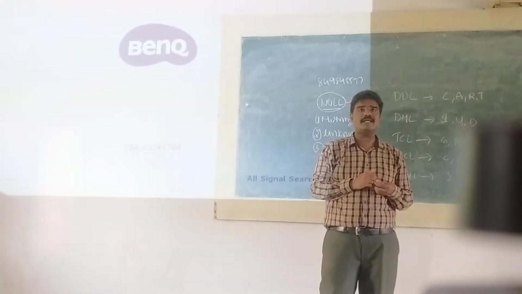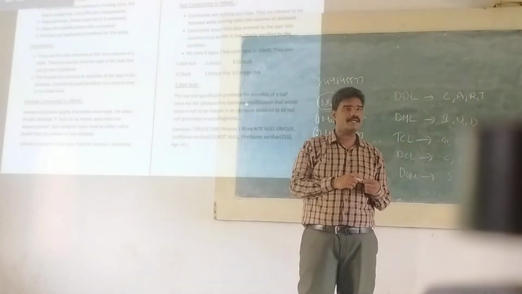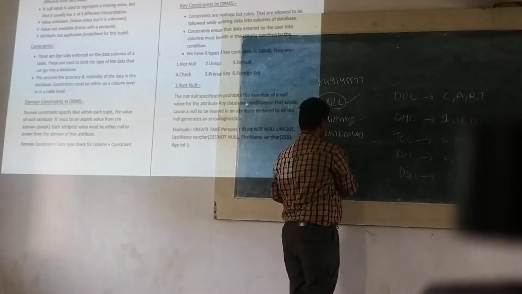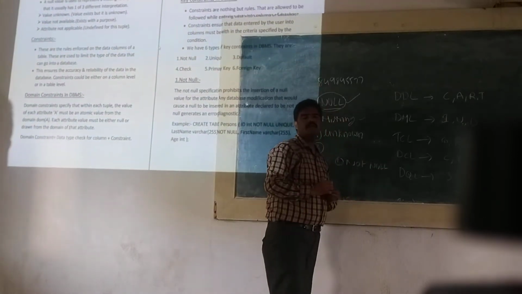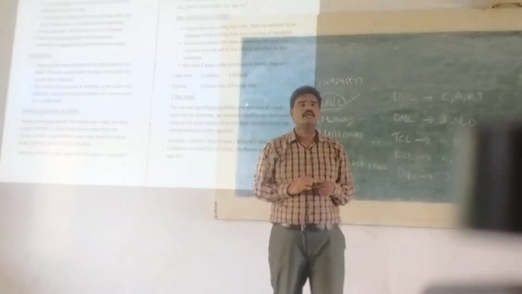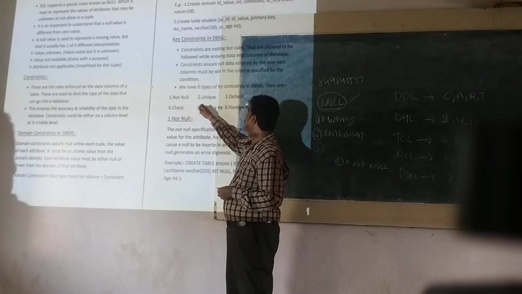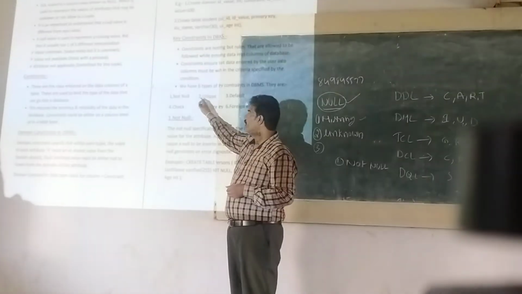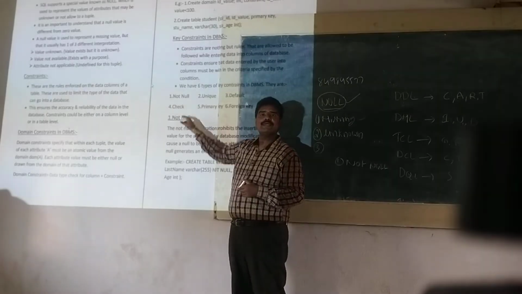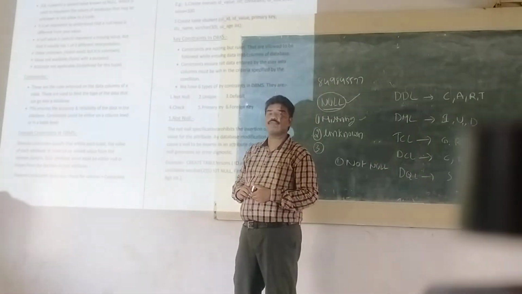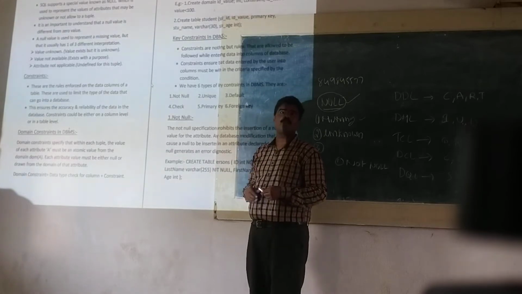Please note: number 1 is not null, number 2 is default, third is unique, the fourth one is check, the fifth one is primary key, and the sixth one is foreign key.